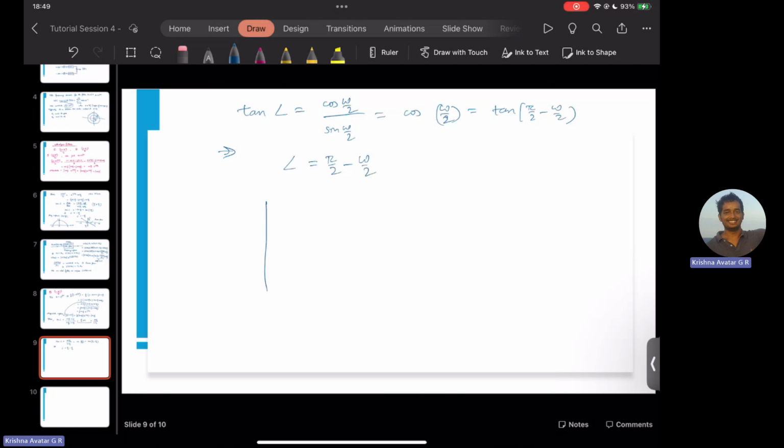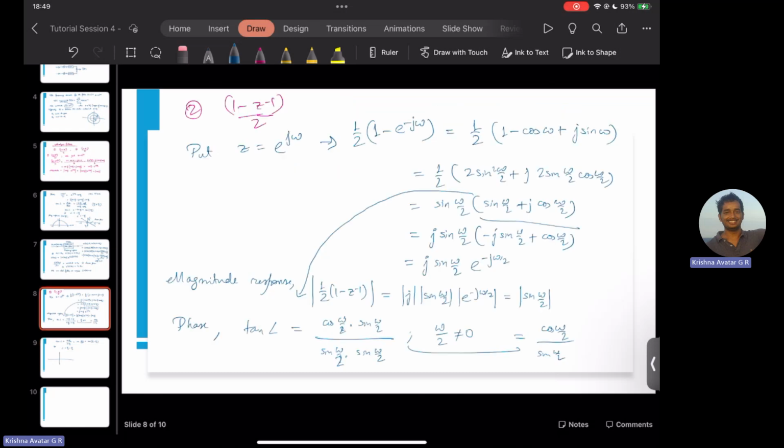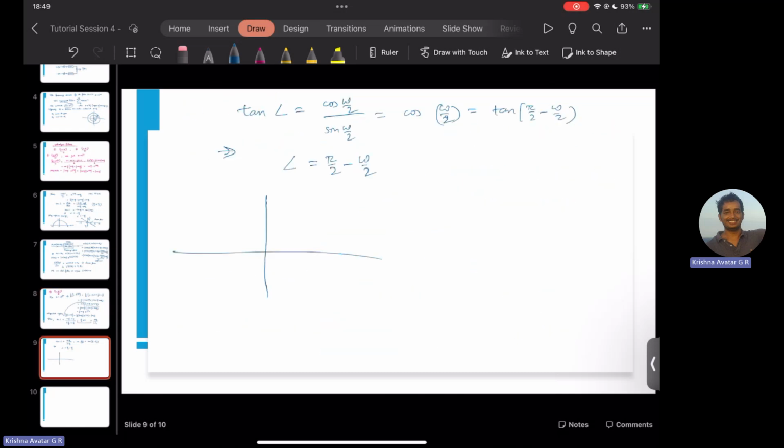Let's plot the magnitude versus the phase. So magnitude of this will look like the absolute value of sine omega by 2, right? So it goes from plus pi to minus pi here. And we always take the absolute value. So sine of minus pi by 2 is equal to -1, but the absolute value is going to be 1.